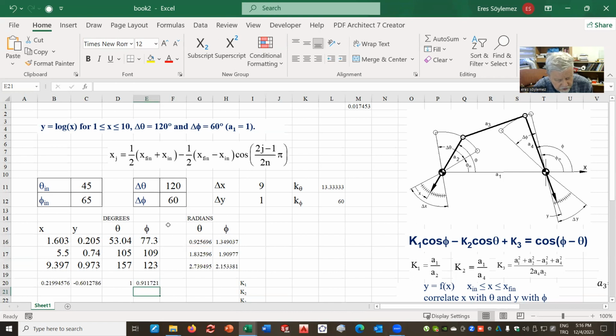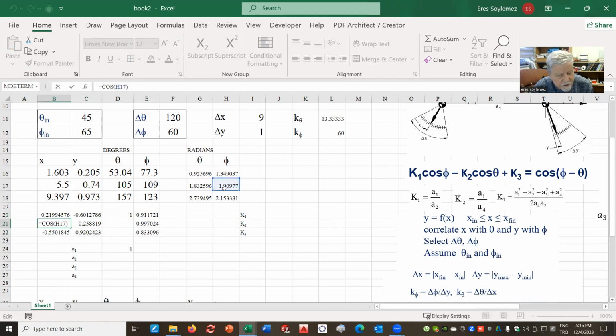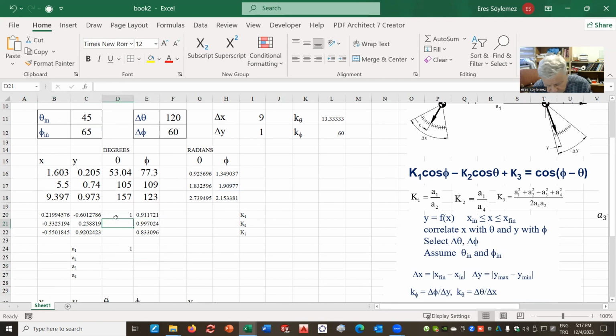Once you have entered these, you can copy them like this. This is relative cell addressing. Notice as you pull it down, the reference will also be pulled down. And then these values will be 1 and 1.